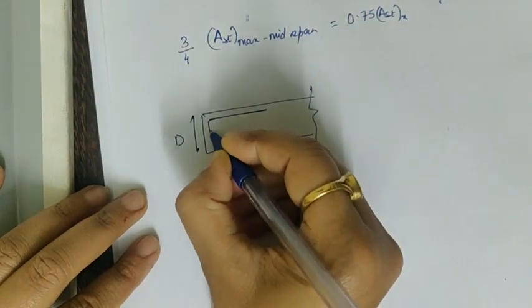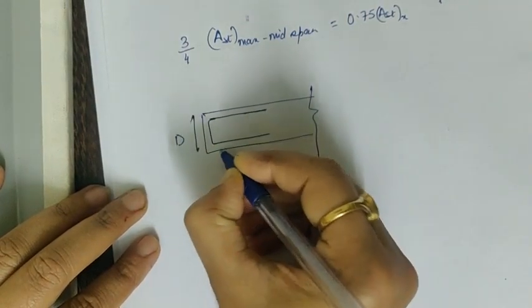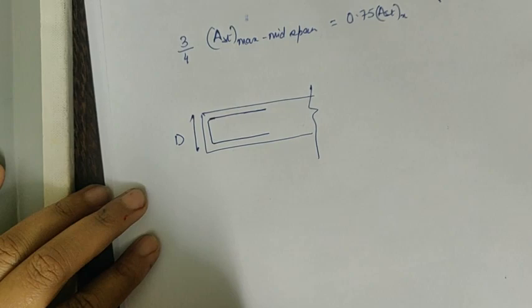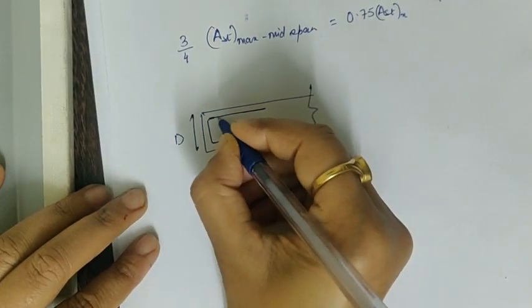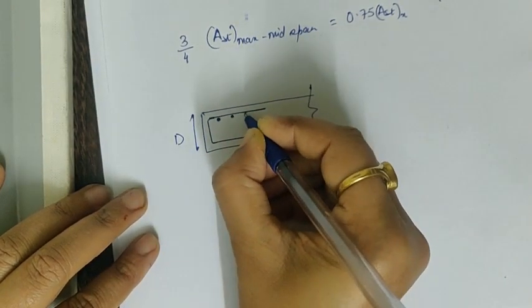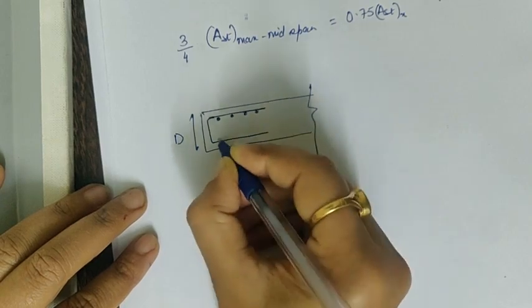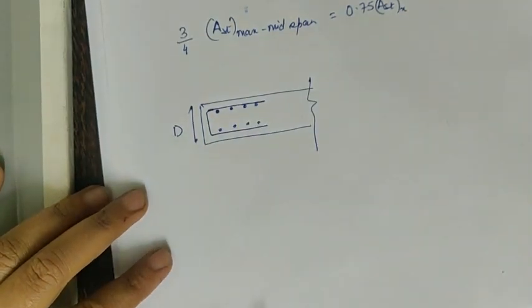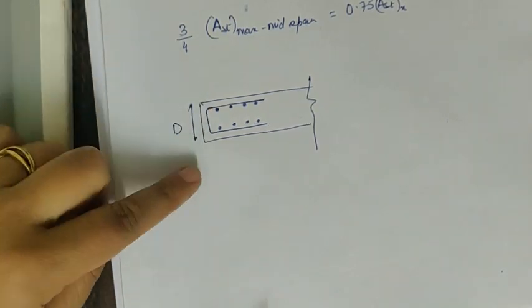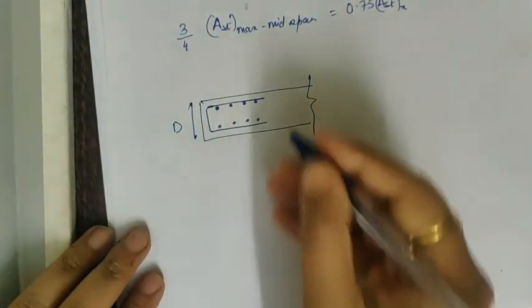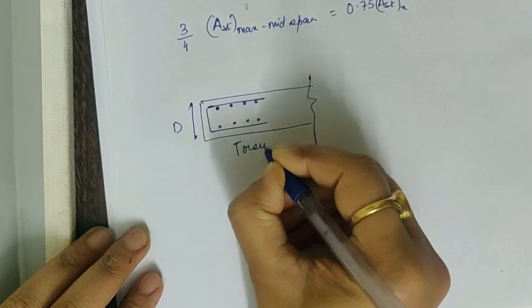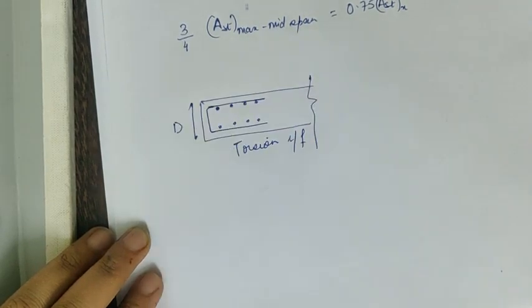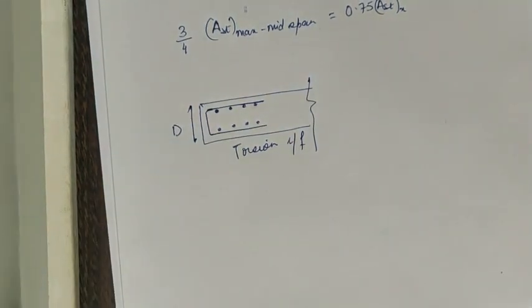We generally prefer these layers to be U-shaped, meaning we bend the same bar. Is it okay? Then perpendicular to it also we have one layer here and one layer here. So this is the reinforcement, a mesh at the top, a mesh at the bottom. This is basically the torsion reinforcement. Is it okay? Clear? Now, what does the next clause say?